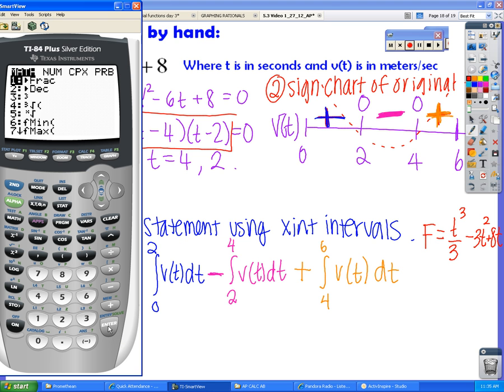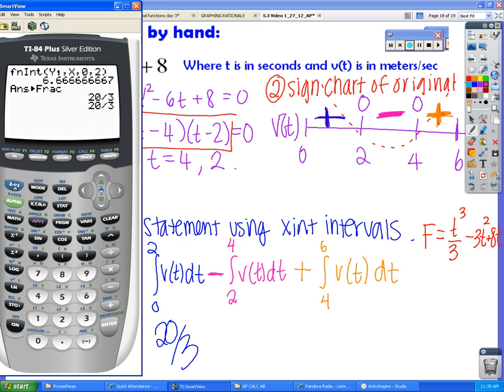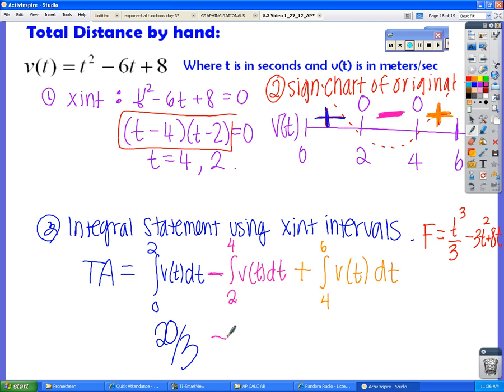And let's actually turn that into a fraction. So the first blue integral is 20/3. The pink integral, and if you do this right, your pink integral should be a negative number. So if I go from 2 until 4 and press enter, I get a negative value because my sign chart told me it was going to be negative, and that's minus negative 4/3.